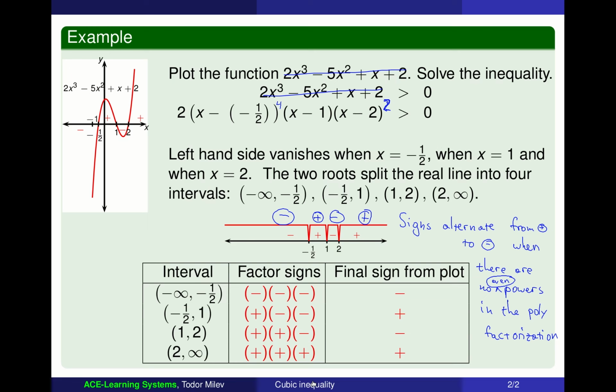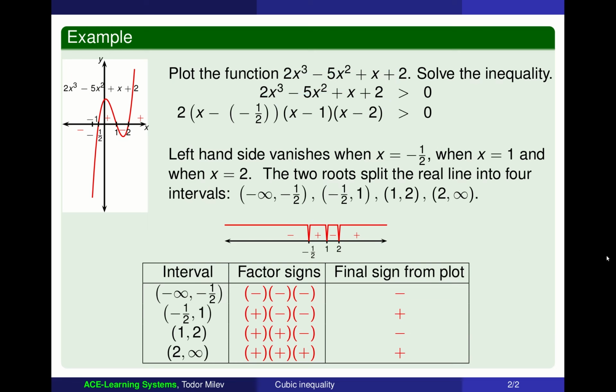So in other words, if you're having a polynomial factorization and you see only first powers here, you can directly figure out one of the signs in one of these intervals and then automatically fill in the rest of them, without thinking too much.